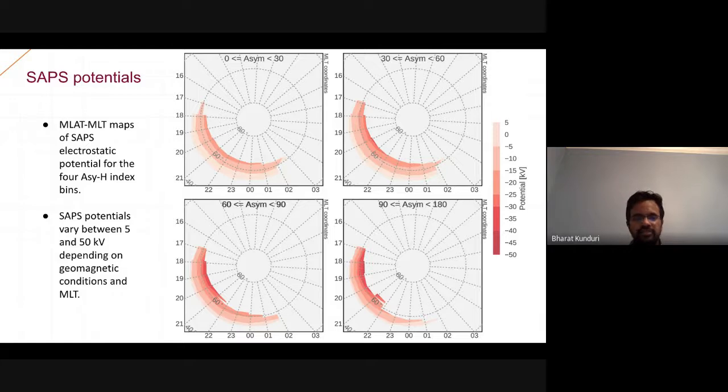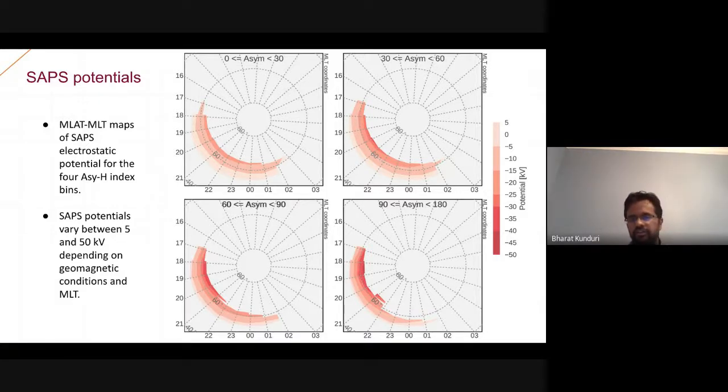Usually you find SAPS potentials varying between 5 and 50 kilovolts depending on geomagnetic condition, and that's a significant potential drop in the sub-auroral ionosphere. That clearly shows how much of an impact the SAPS channel can have on the sub-auroral electrodynamics. It can impact several other features that are observed in the sub-auroral ionosphere.